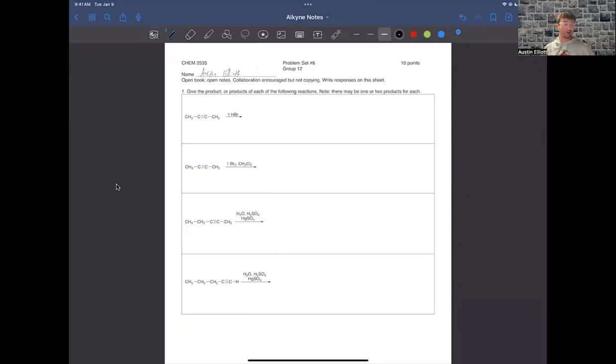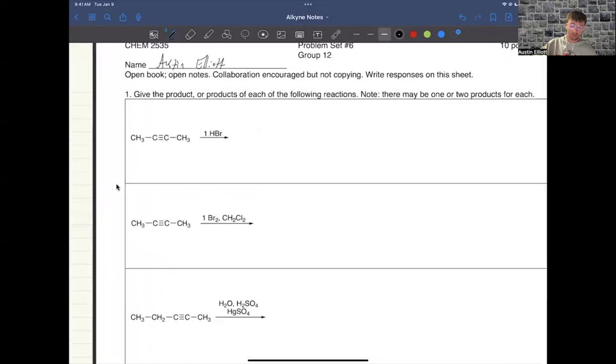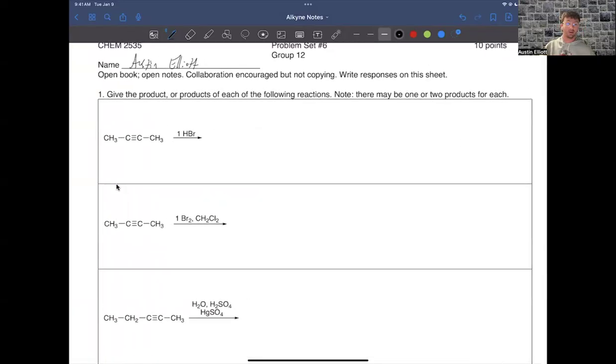I'm just going to do a little bit more practice on the problem set and go over some of the answers for one of the groups that no one has. So for this first one, like I was showing earlier with HCl, we have CH3, C, going to a double bond C, like that, and CH3 there.